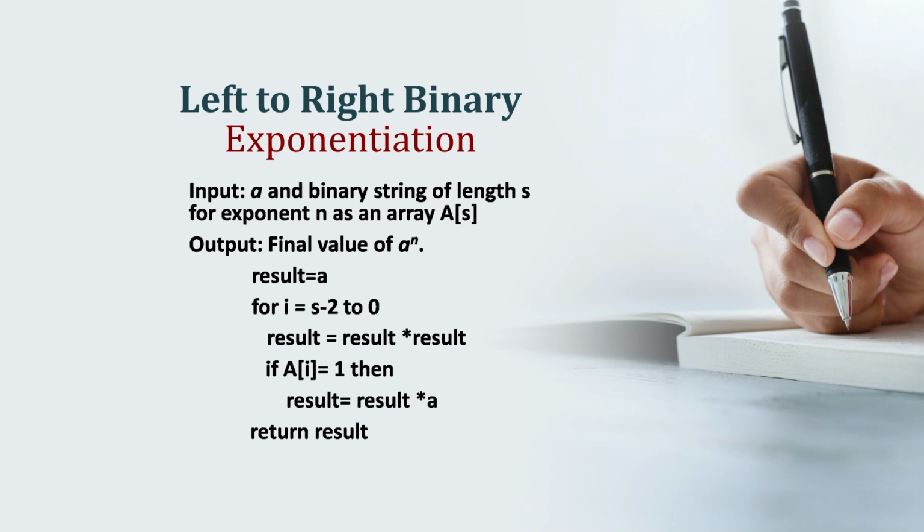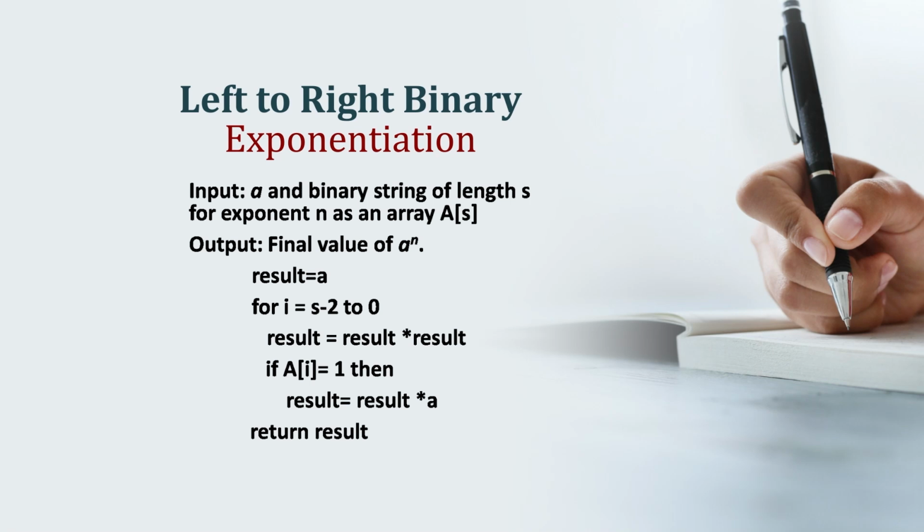However, here the process is different. We'll assign a to result first. The topmost digit, A3, is always going to be 1, because that is how we are representing it. So that is why we start with result equals a.